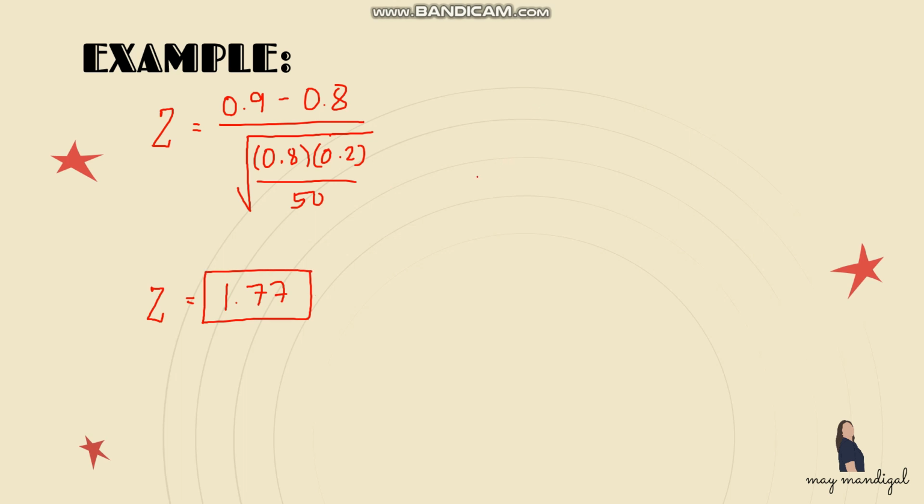Now, let's draw the curve. So we have here the 0 and then 1.77 here. Since what we want is 90 and above, that means we will be considering the area to the right of our z-score. And to solve for this, you have to get the area to the left of 1.77 and subtract it from 1.